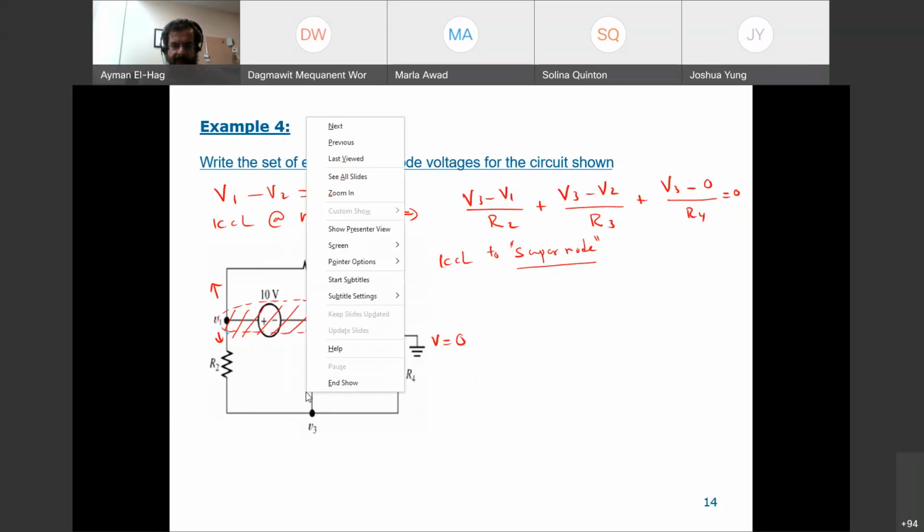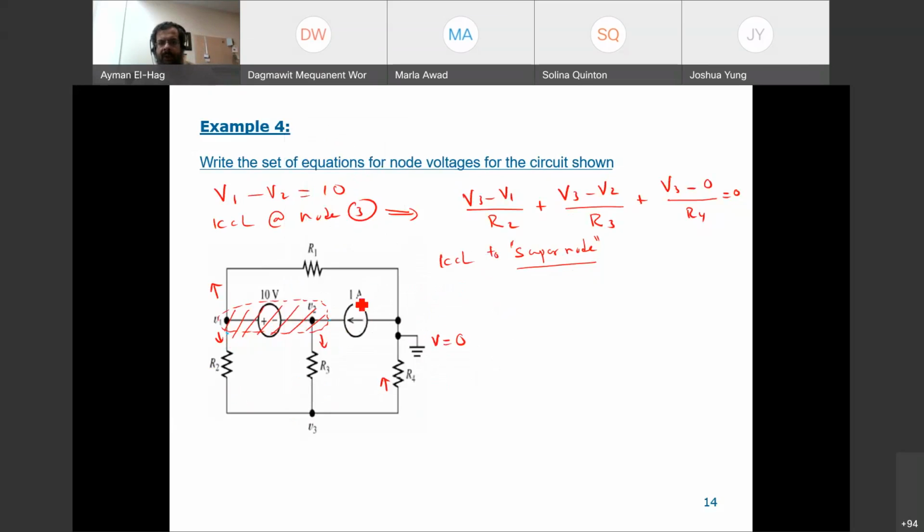Okay. So what we have here, the current that goes to the bottom, this is V1 minus V3 divided by R2 plus the one that goes up here, V1 minus 0 divided by R1. Finished with V1.